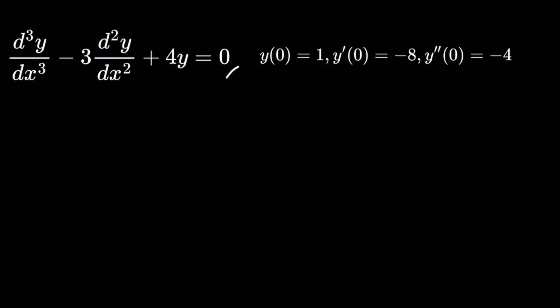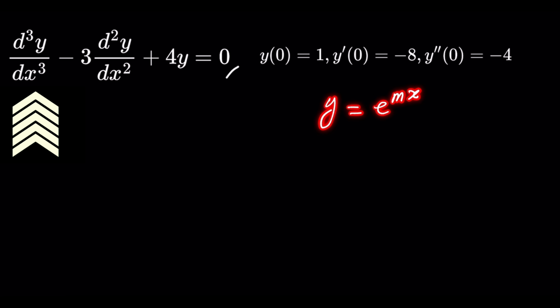Since it is a homogeneous equation with the constant coefficients, we know that the first solution is going to be e^(mx). Then we are going to be finding the y prime, double prime, and triple prime, and substitute these values into the homogeneous equation.